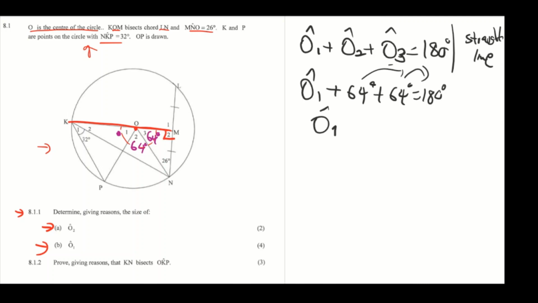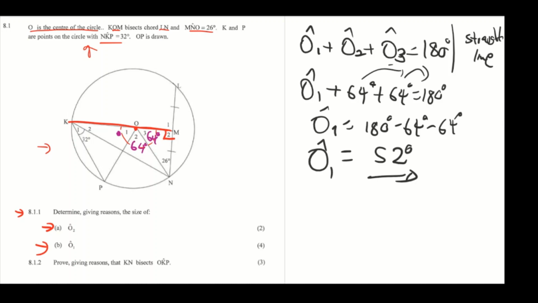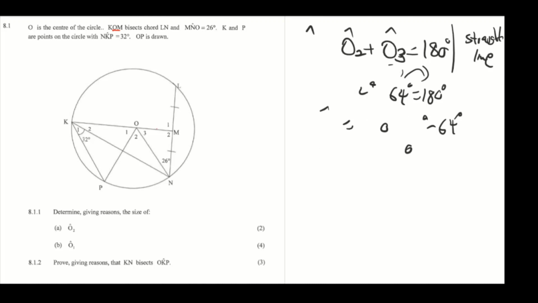Angle O1 is equal to 180 degrees minus 64 degrees minus 64 degrees, and the answer that I got is 52 degrees. So that is O1. We are done finding this angle here. And now we have the last question of this problem here. I'm just going to erase these.